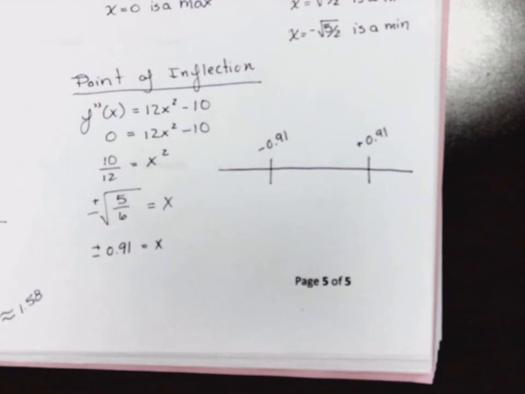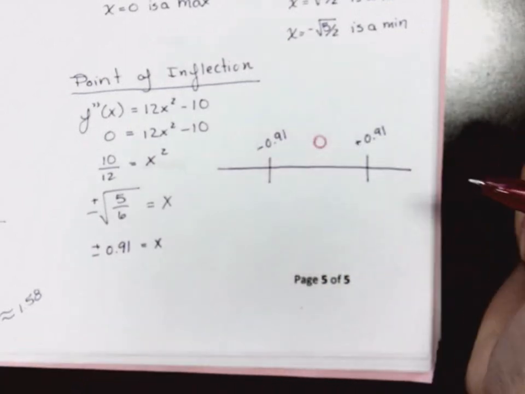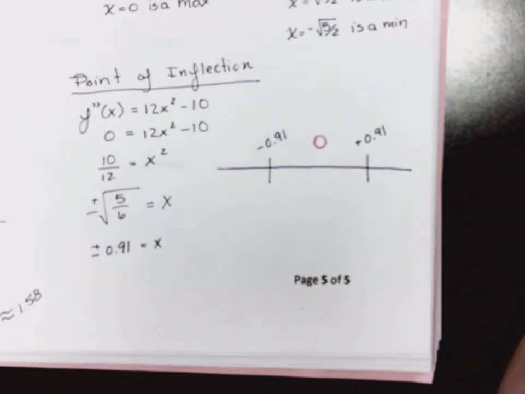If we were to pick points around them or in between them, if we were to substitute 0 into the derivative, what would we get?